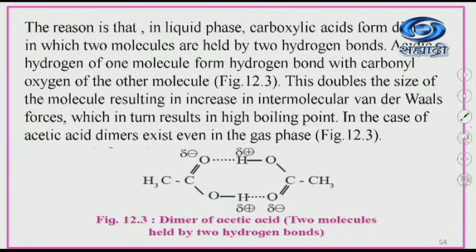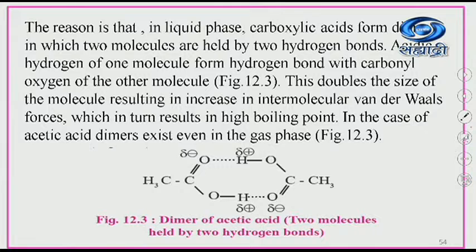Now here, that carbonyl oxygen and hydrogen from the OH group, it is mentioned over here by the dotted line. Hydrogen carries the partial positive charge, that is delta positive, and carbonyl oxygen carries the partial negative charge. So there is a formation of bonding. It is shown by the dotted line, that is hydrogen bonding.